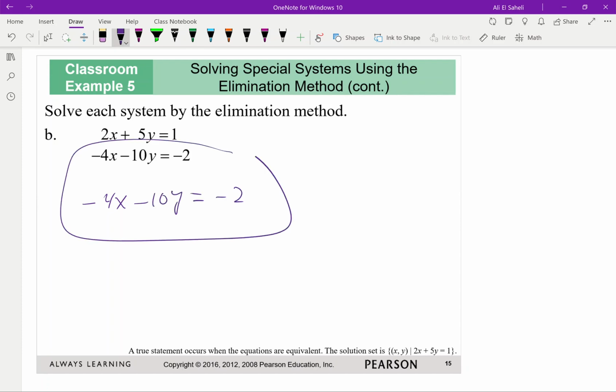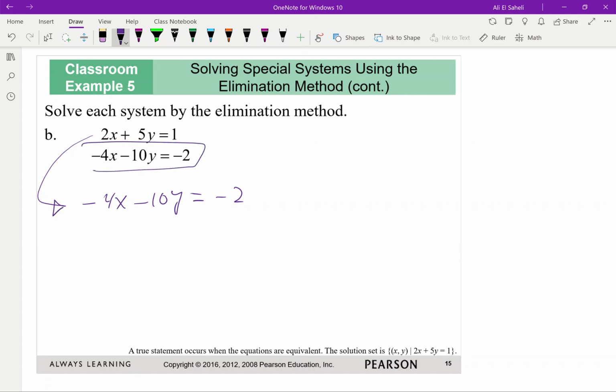So this is the second equation. So really what this says is that the second equation is actually the first equation in disguise. So we have infinitely many solutions. What we will end up with is the second equation is really 0 equals 0.